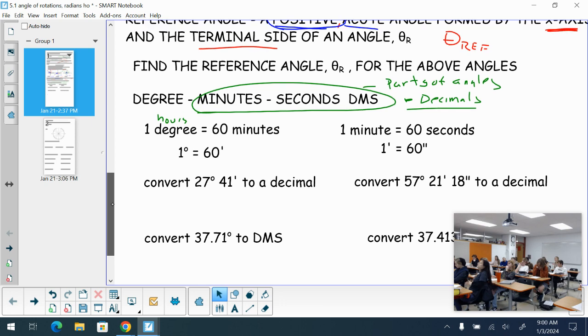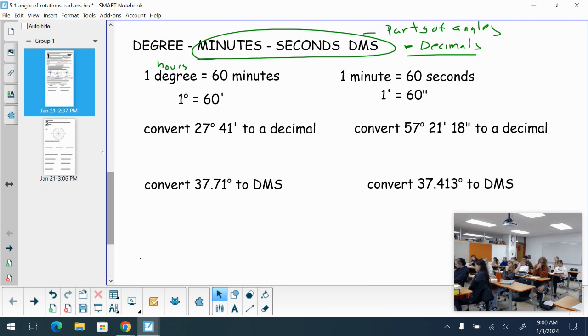Our calculator can find minutes and seconds, hidden somewhere within your calculator if you want to try to find it. To me, that's too much work. So I'm going to try to find an easier way to convert minutes and seconds into decimals, because I'm lazy.